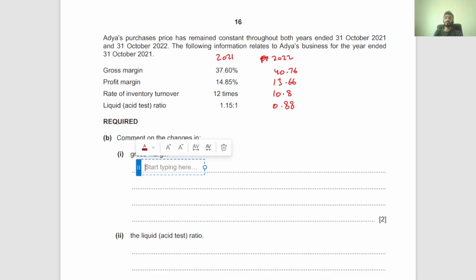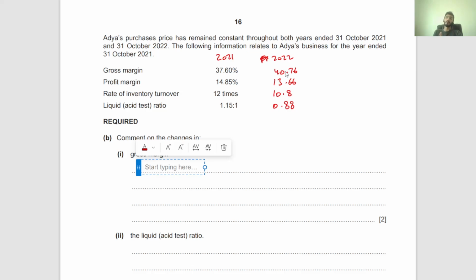By the way, if your calculations are slightly wrong or even significantly wrong, the examiner will give you own figure marks. So instead of 40.76, let's say you got 20. Now you will be answering based on the reduced amount. So you will comment negatively. You will say gross margin has gone down.